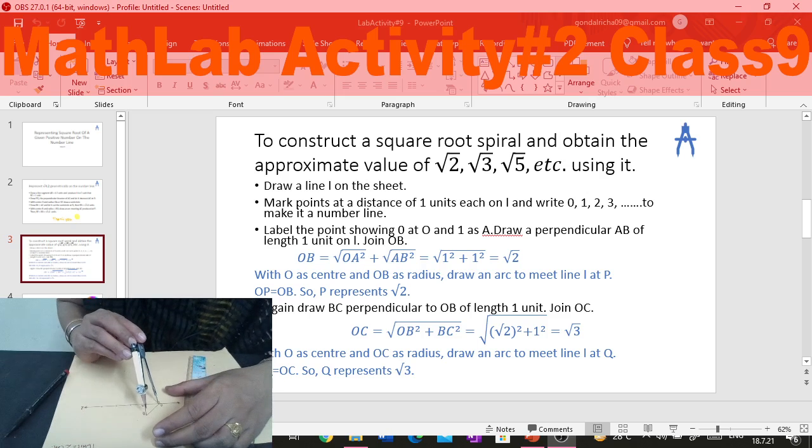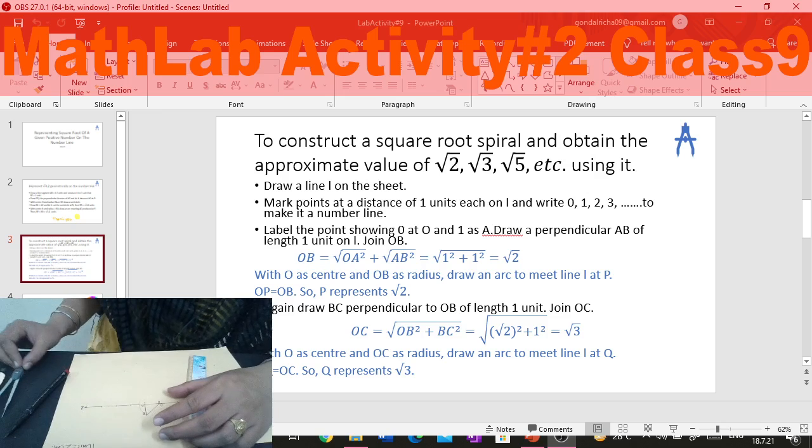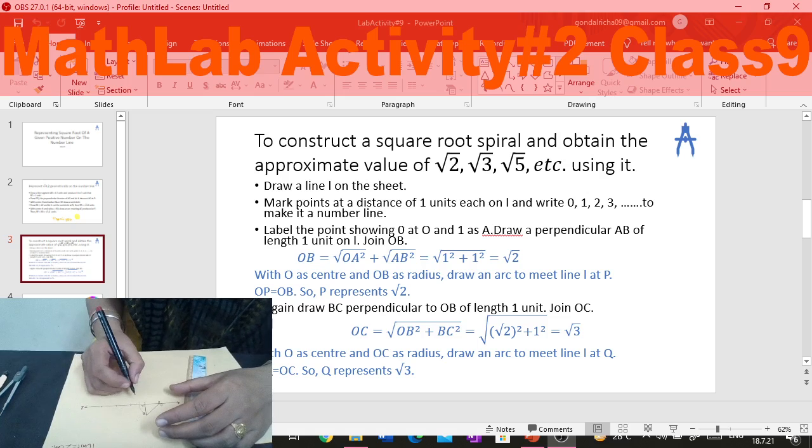I will drop down this point and draw an arc on the number line L. The point at which this arc intersects line L, I will label as P.